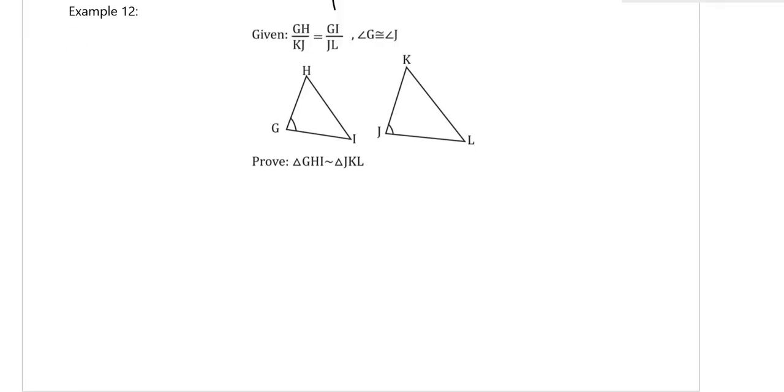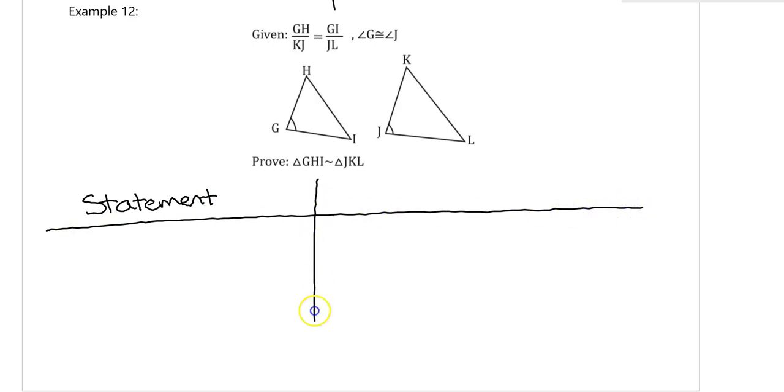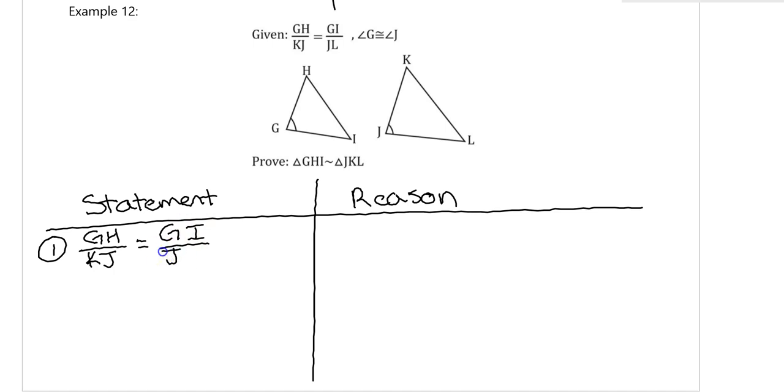All right, let's look at our next example, example 12. Again, we're going to start with our statements and our reasons. Our first statement is GH over KJ equals GI over JL, and our first reason is that it was given.